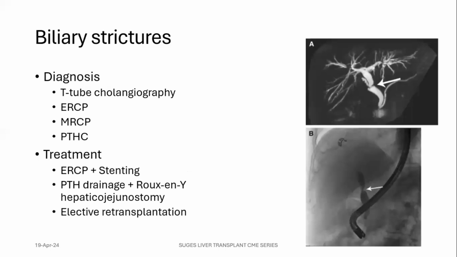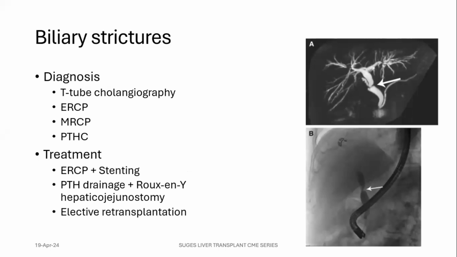And the diagnosis is mainly by imaging. And the patients, of course, may present with features of cholestatic jaundice, depending on where the level of obstruction is. But the main diagnosis, you may find biliary strictures in patients who have T-tubes.